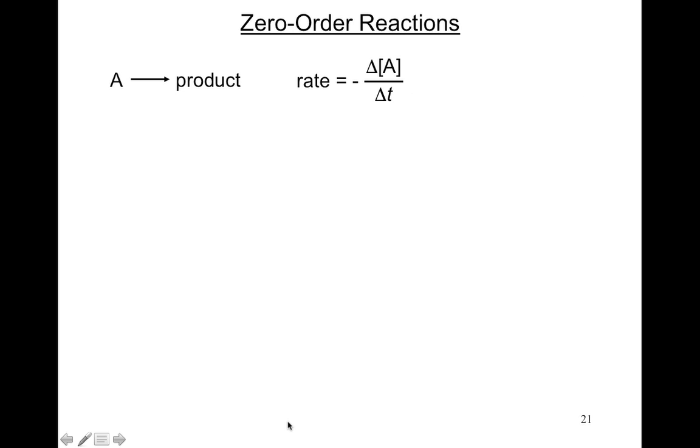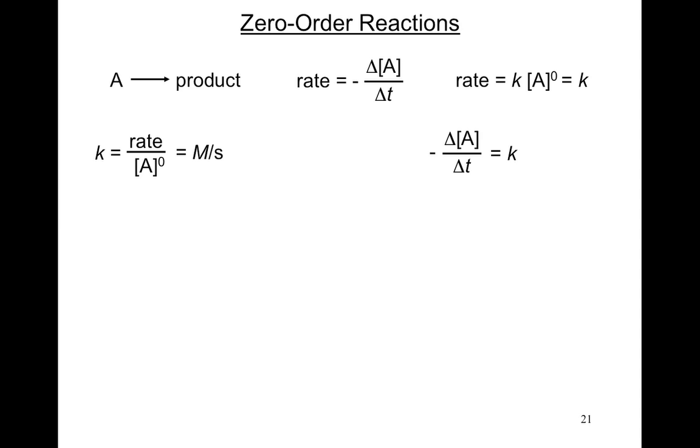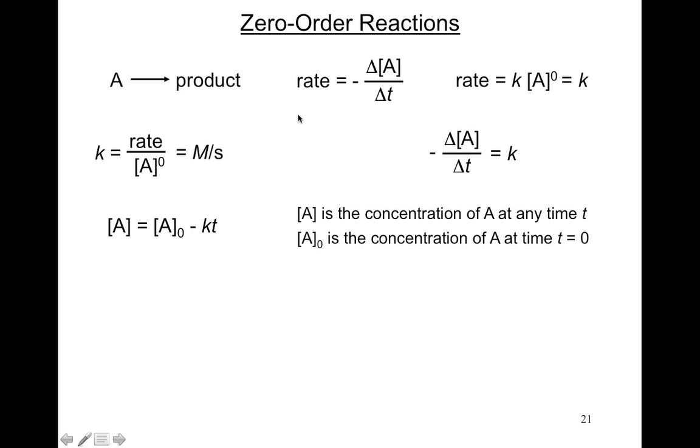So if we're using zero order reactions, then our rate is negative change in A over change in t, and the rate is only dependent upon k because the concentration of A, as odd as it seems, doesn't actually affect a zero order reaction. So the equation for a zero order reaction would look something like this: [A], the concentration you're concerned with, is equal to [A]0, at the beginning of the reaction, minus kt.